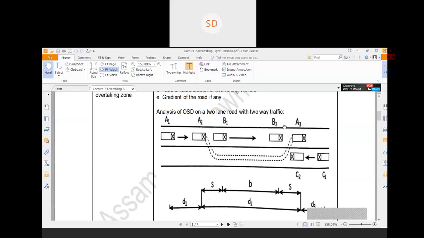Now just see this figure and think about all these situations, and think how to calculate d1, how to calculate d2, how to calculate d3. Just think about it, so that you do not have to read after that class. Within that class, all these things can be covered.